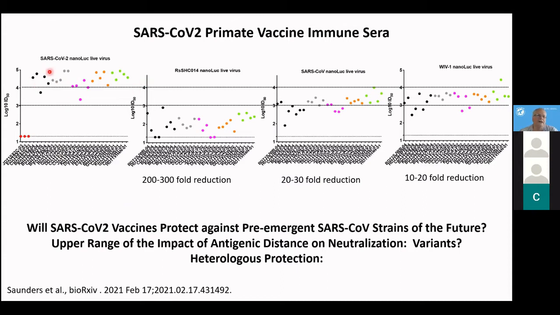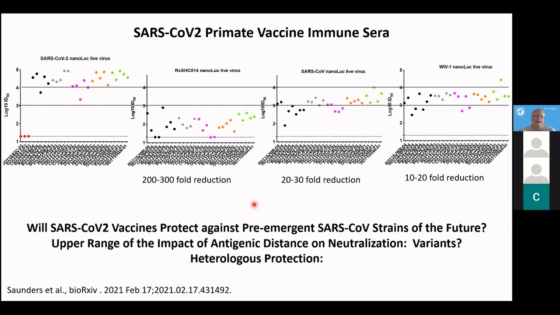We're looking here at neutralization titers of around 10,000 to 15,000 against SARS-2 nanoluciferase virus. If you compare it to SARS coronavirus nanoluciferase down here, you've got about a 20 to 30-fold reduction, depending on the vaccine. If you compare this with the WIV bat strain, it's about a 10 to 20-fold reduction across these different vaccine formulations. And the SHC014 is about a 200 to 300-fold reduction.